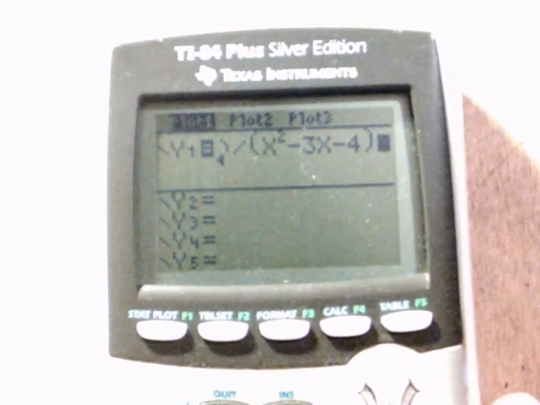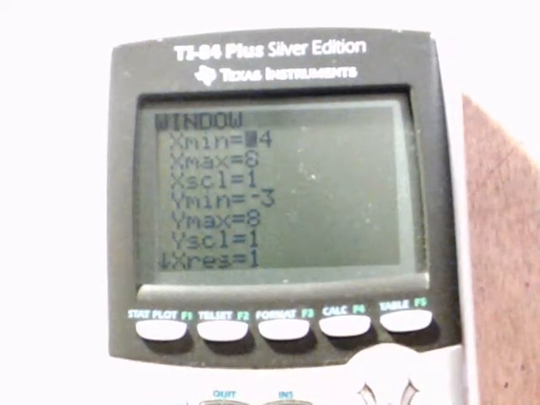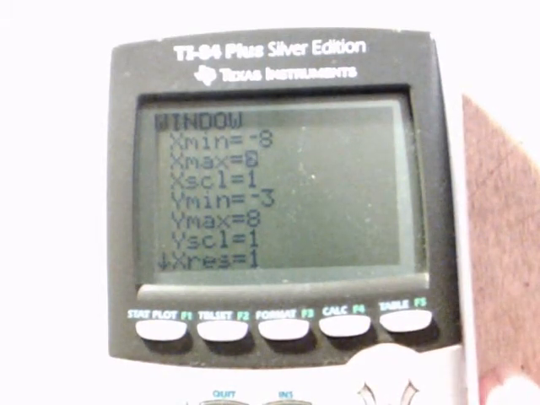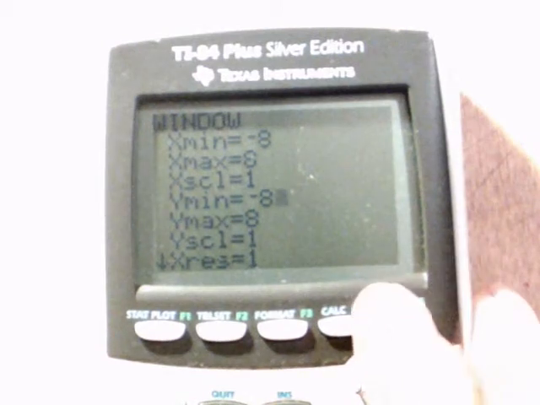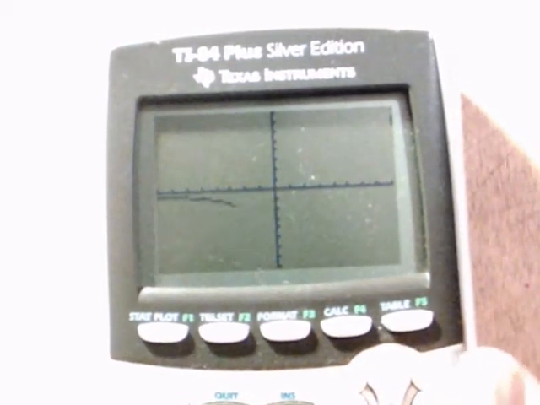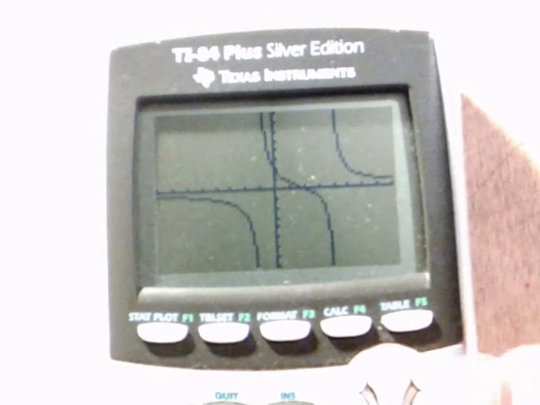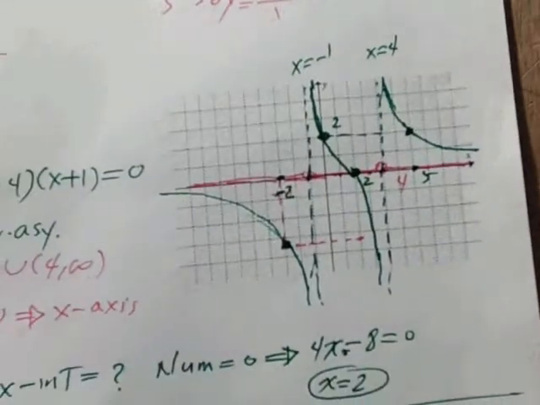Okay, so I want to use the window minus 8 to 8. That's good enough. And then y I'm going to use from minus 8 to 8 as well. Big enough to show everything. So say graph. And it's similar to this. You see, it's similar to what I have on my paper.